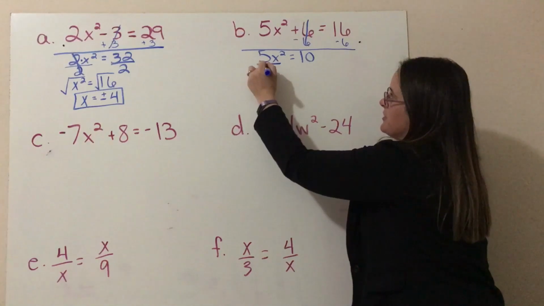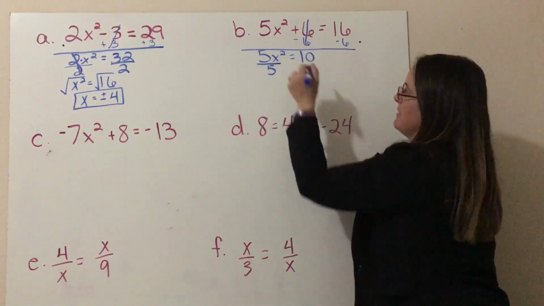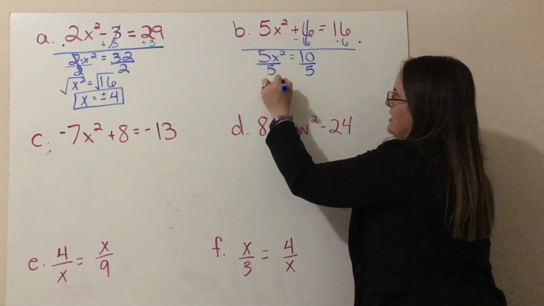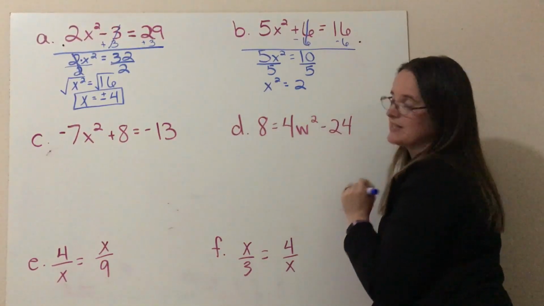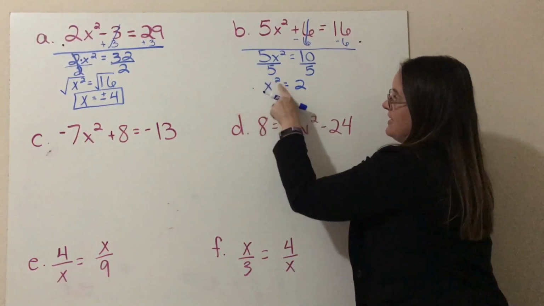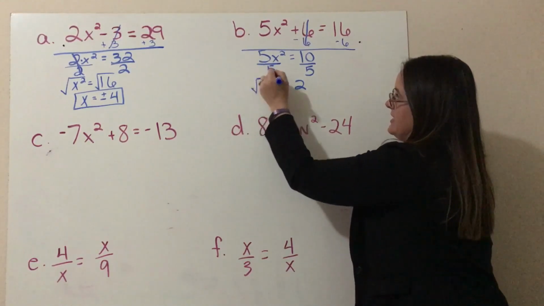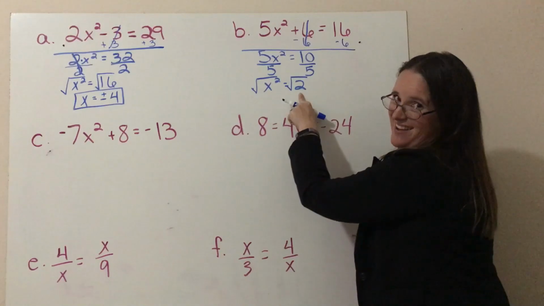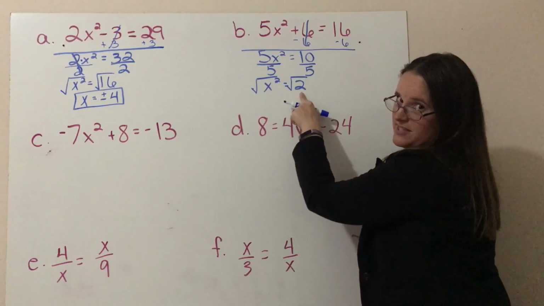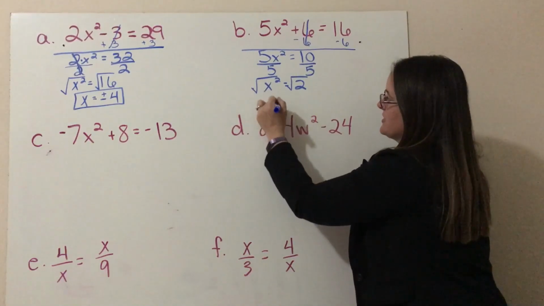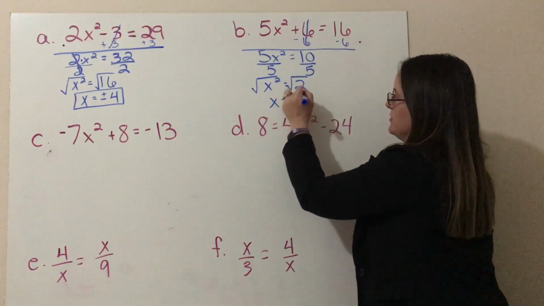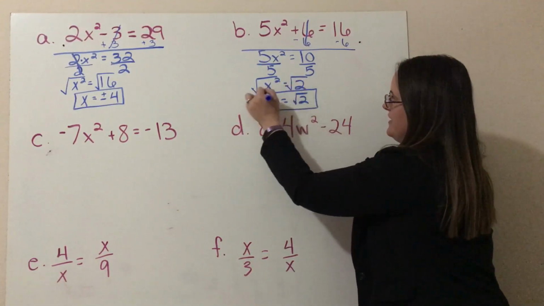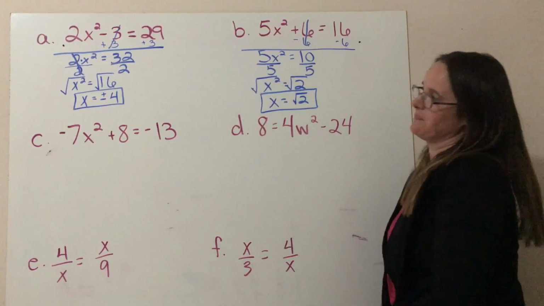So inverse operation is we're going to divide by 5. And we get x squared equals 2. Now to cancel out the squared, we want to take the square root of each side. Well, there is not a whole number that equals the square root of 2, so we're just going to leave this as x equals the square root of 2, and that's our final answer for this problem.